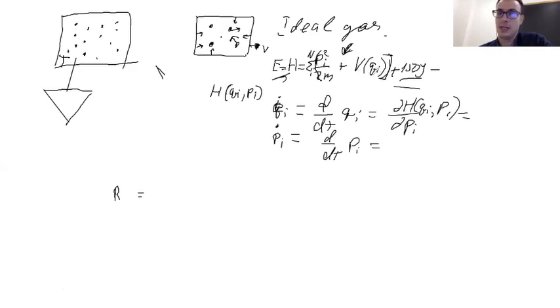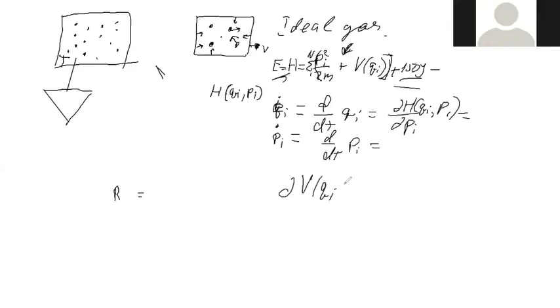V, the capital V for the potential energy, does not depend on p, right? So its partial derivative with respect to p is what? Constant? If we know that V depends only on qi, it is zero.